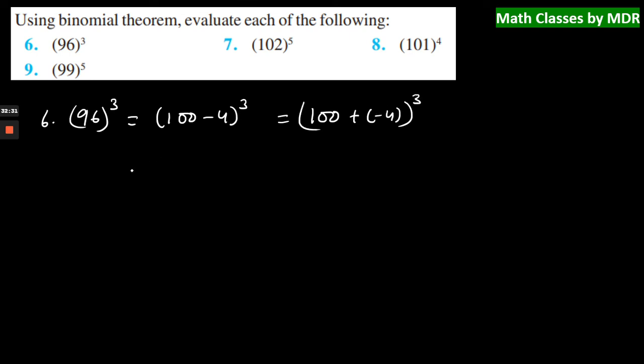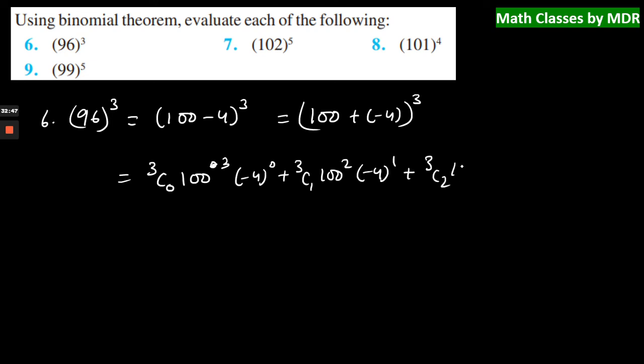Let's write this. So now we can write it as 3C0 100^3 (-4)^0 plus 3C1 100^2 (-4)^1 plus 3C2 100 (-4)^2 plus 3C3 100^0 (-4)^3. Total 4 terms we have, right? So now let us simplify this. 3C0 is 1, right? And 100 cube is, we can take it as 10 lakhs, 1000000. (-4)^0 is 1.